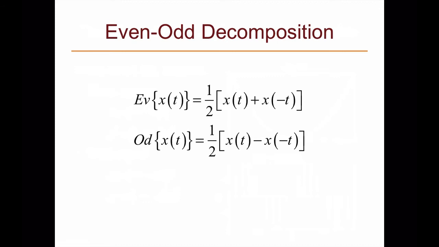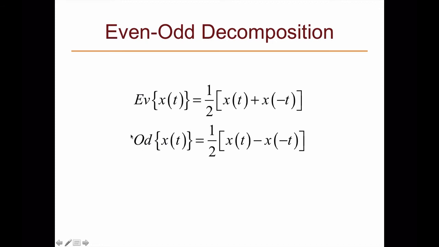You can decompose a signal into even and odd signals. The even part can be calculated by combining the signal itself with the reversed version of the signal and then dividing by 2. You can think of a signal, then you flip it, add them together, and divide by 2. You should get a signal that is symmetric about time equals 0.